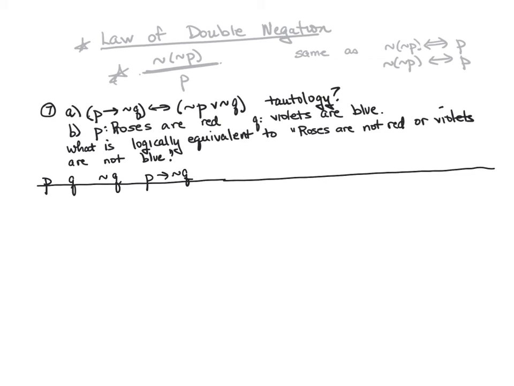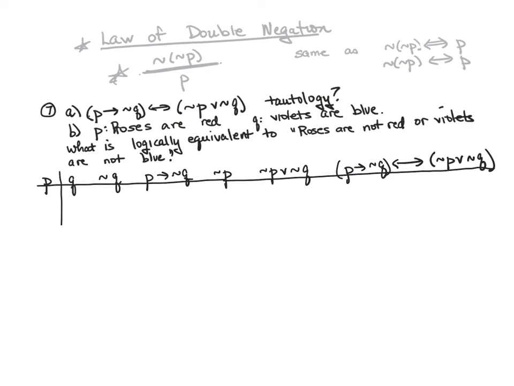The right side, I already have a not Q column, but I need a not P column. So we're going to put it together with a not P or not Q. And then finally put it all together. Okay.